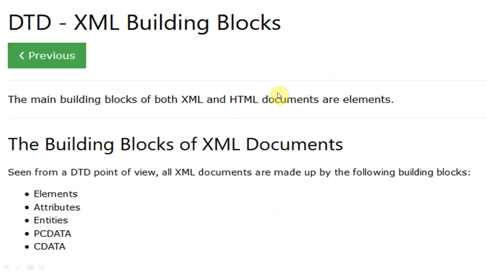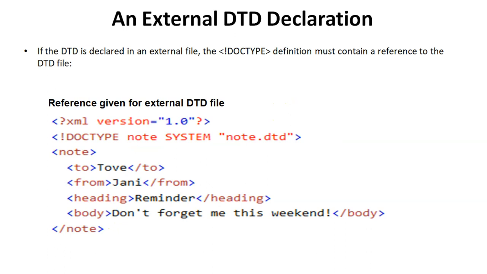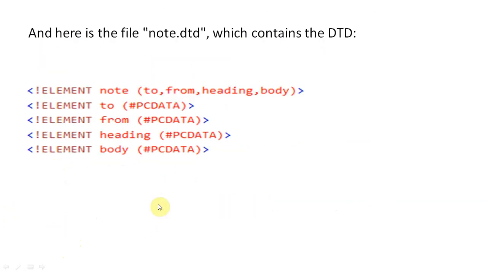There are four elements given in this node, with their values, and they are closed by /to, /from, /heading, /body, and node is closed here. So this is the external DTD file, and this is the XML file.